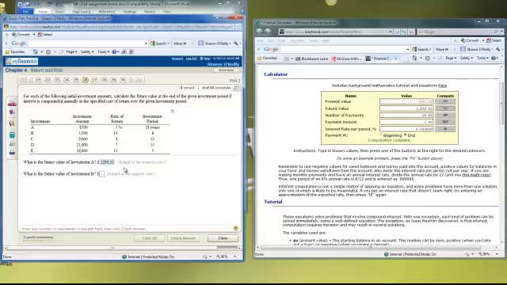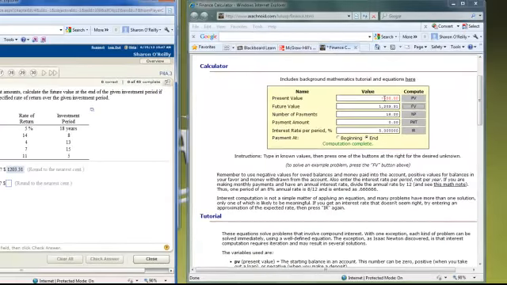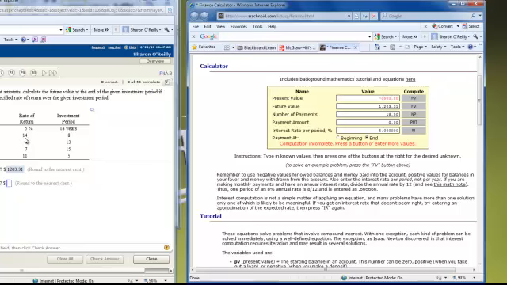Let's do it again. For B, the investment amount is $3,500. That's today's value. So we enter in minus $3,500. The rate of return, 14%. That is the interest rate. We enter it as a whole number. The investment period is 8 years. So that's our NP, number of payments or number of periods is how I look at it.